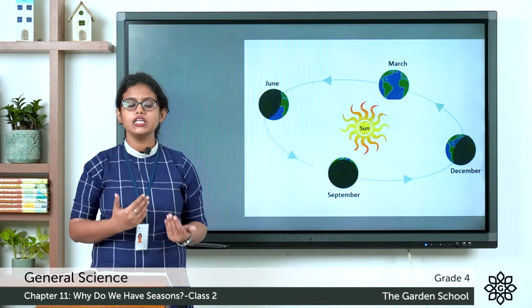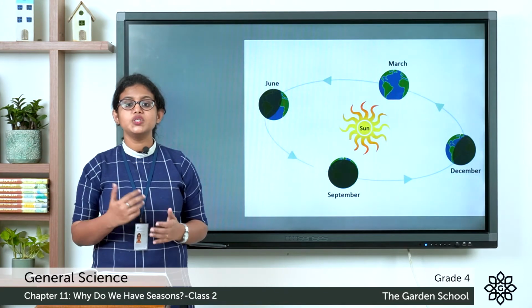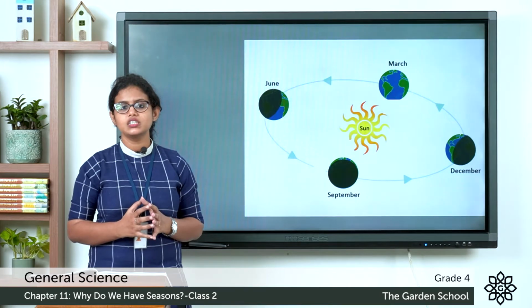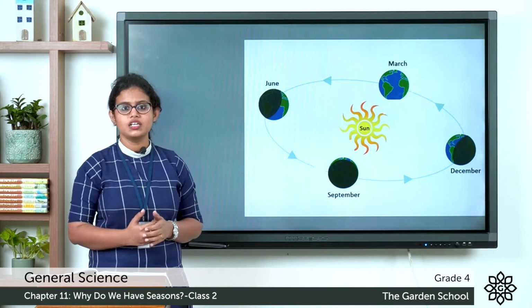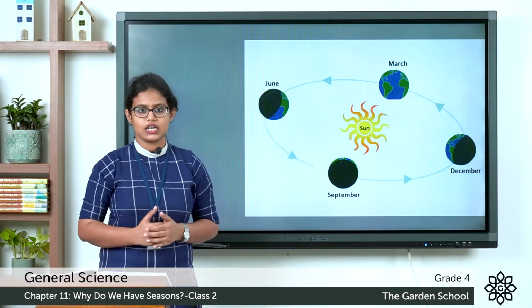It is slightly tilted. As a result, during certain periods of the year, half of the earth is near to the sun and half of the earth is slightly away from the sun.